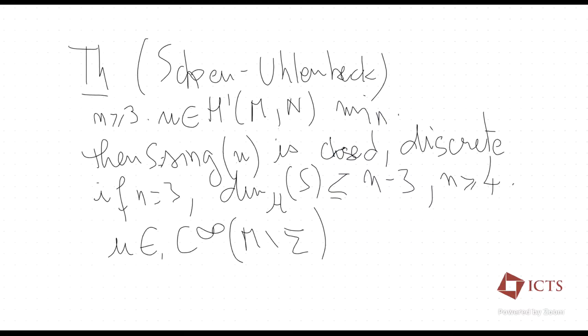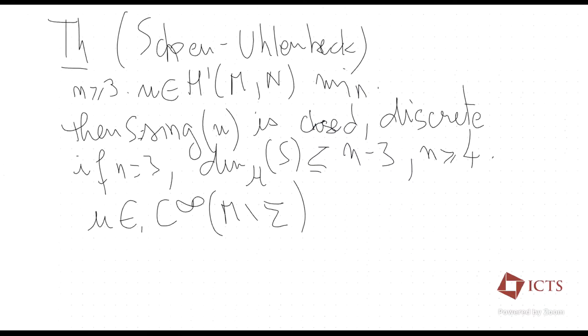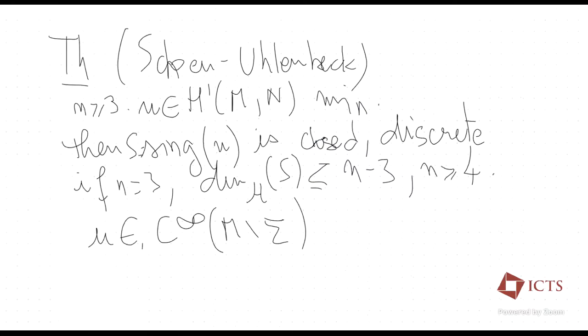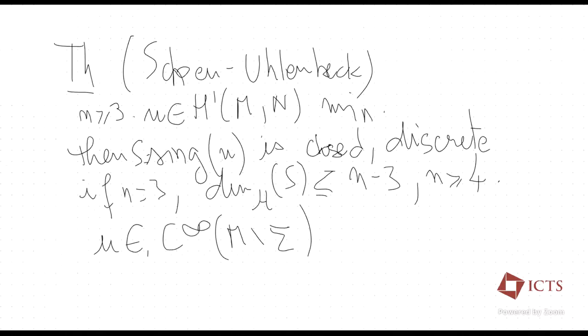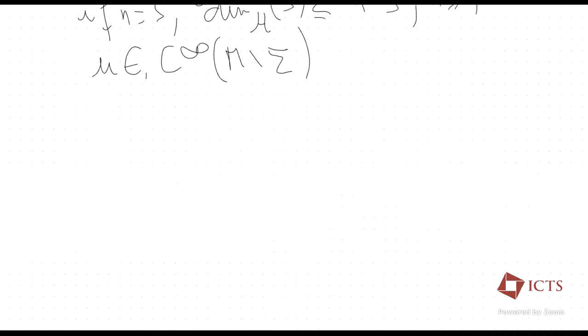So what I would like to do is really prove this statement. There are several things to prove in the statement. First, you want to prove that the map is smooth outside of this set.